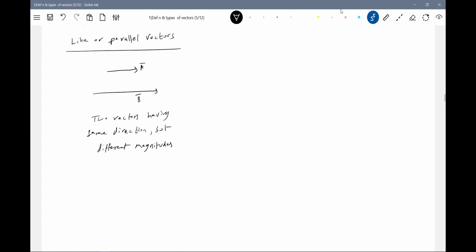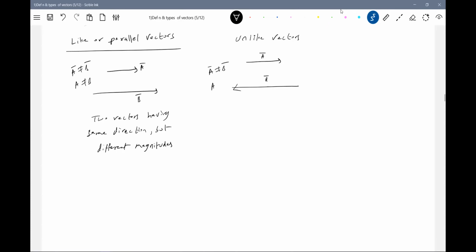Now, what about unlike vectors? Two vectors having different magnitude and different direction. Unlike means the directions will be opposite and the magnitudes will be different. So here strictly A not equal to B, A bar not equal to B bar. Same thing here.